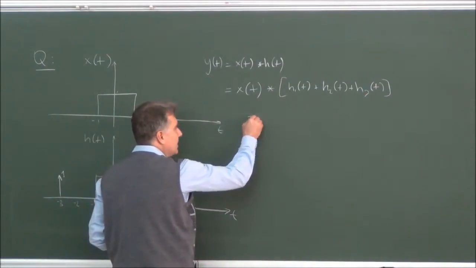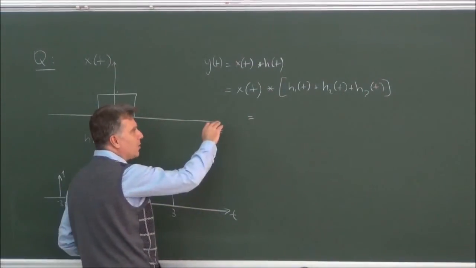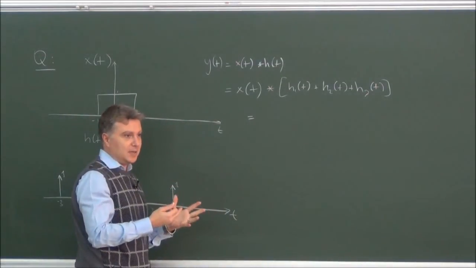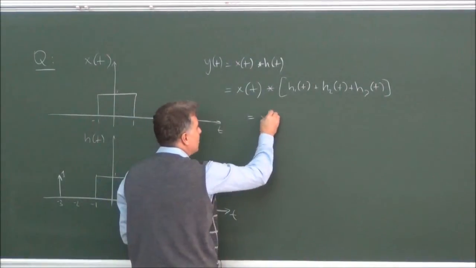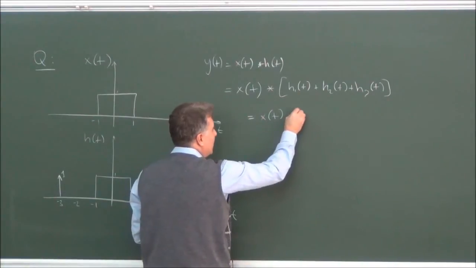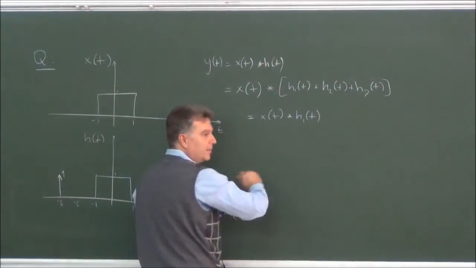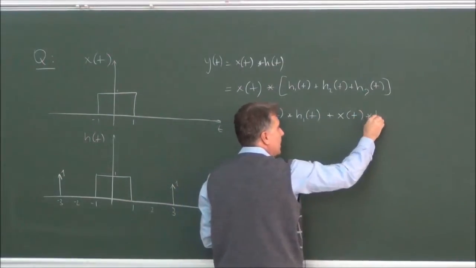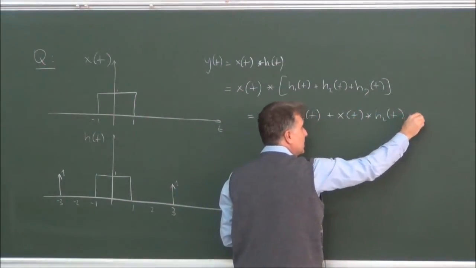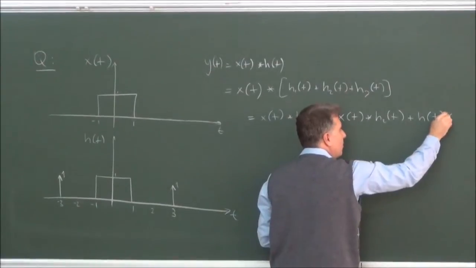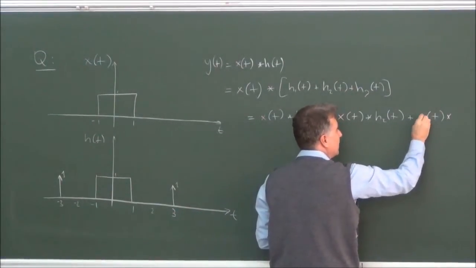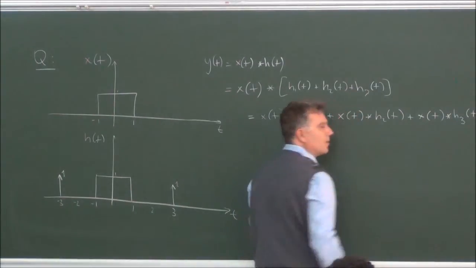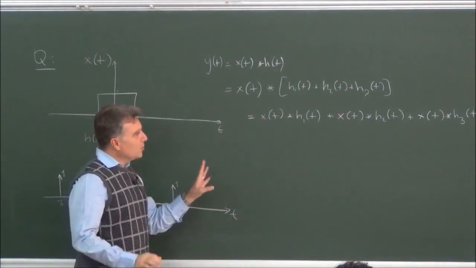Then the result is, according to the distribution property, according to the linearity of linear time-invariant systems, a linear combination of x of t convolution with h1 of t plus x of t convolution with h2 of t plus x of t convolution with h3 of t. Okay, that's what I mean. You can do this.